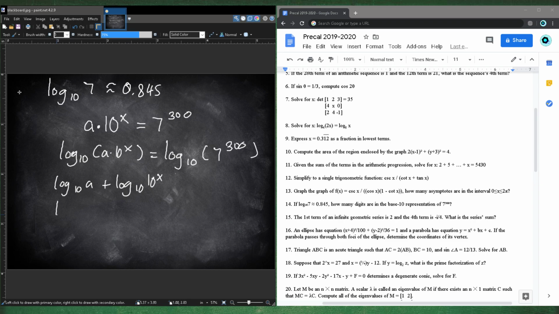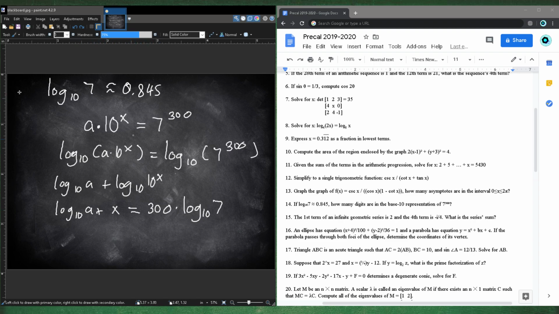Simplifying, bring the exponent down. Log 10 of 10 is just 1, so we don't have to write that down. Same thing on the other side: 300 times log 10 of 7. Where do we see this? Right here, and that's why we're going to use it and why there are decimals.